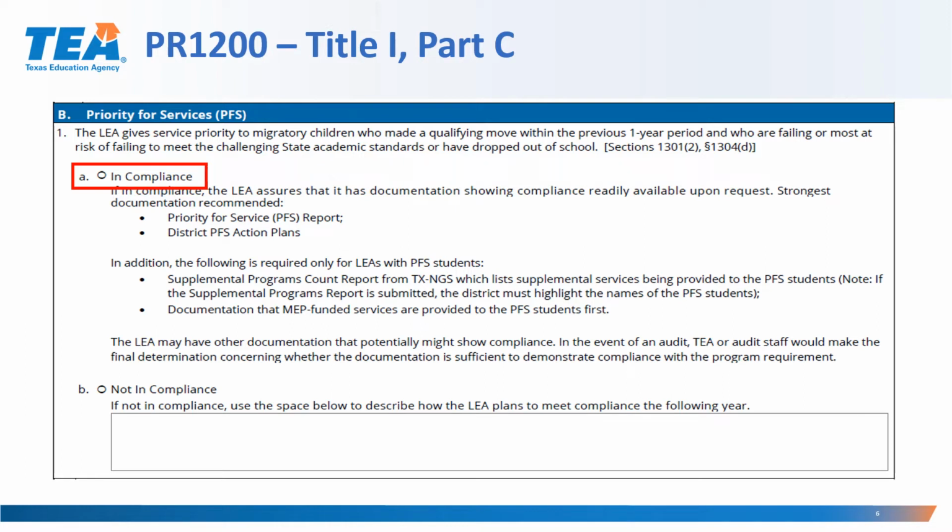We don't want to see a copy and paste type of deal where it's not applicable. We want to ensure that the action plan is looked at every year and is adapted to the unique needs of the migratory population in the district.